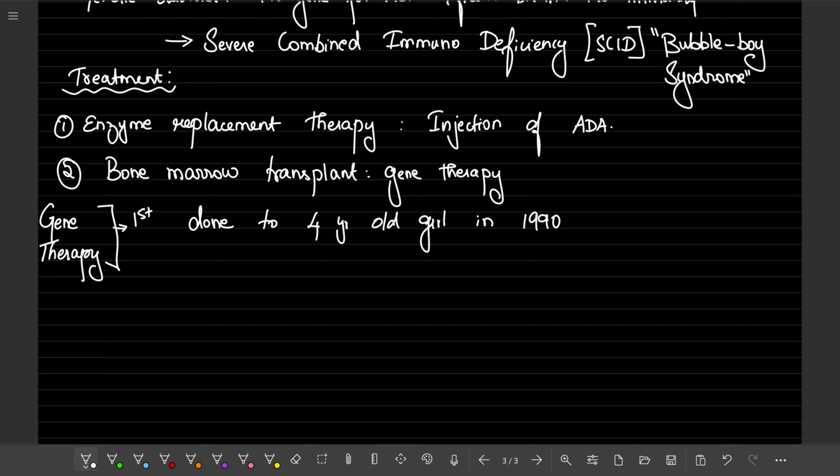Bone marrow transplant. Now what is a bone marrow transplant? What do you understand? Soumya, are you there? What's bone marrow transplant, Soumya? Okay, that is what we normally assume, because with a kidney transplant we take a kidney and put it in, but that is not what bone marrow is.